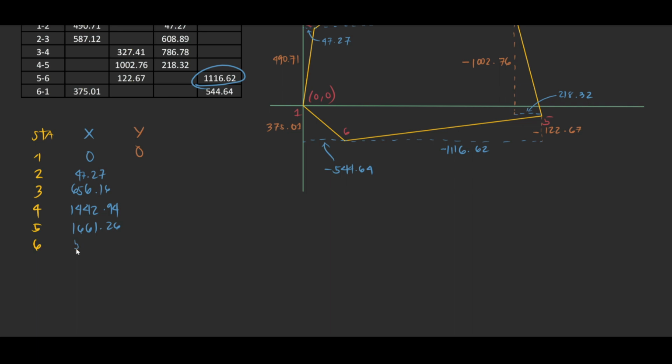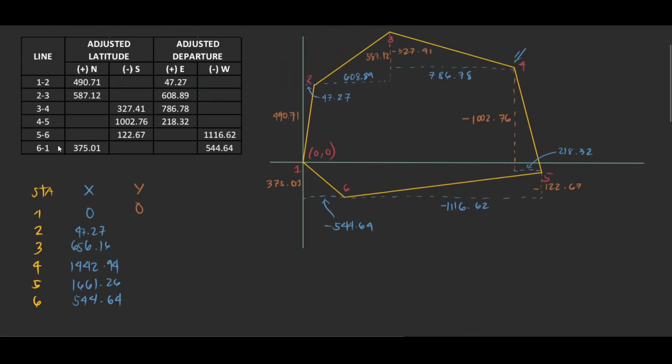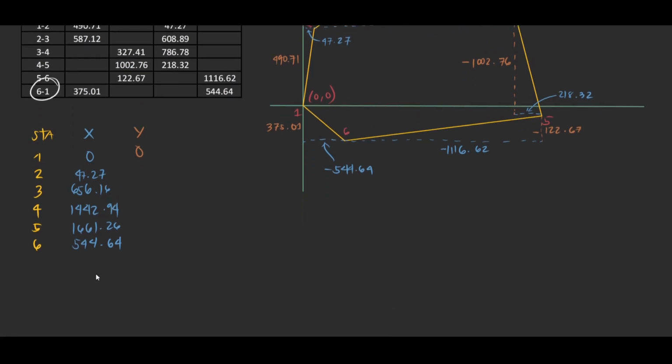So we will get 544.64. Okay, so if you take into account this last line right here, 6 to 1, then you have to subtract 544.64, and then you go back to station 1, which is 0. Okay, but we're not going to write that now. We're going to write that later when we start computing for the area.